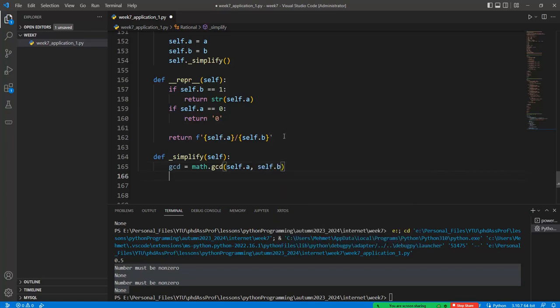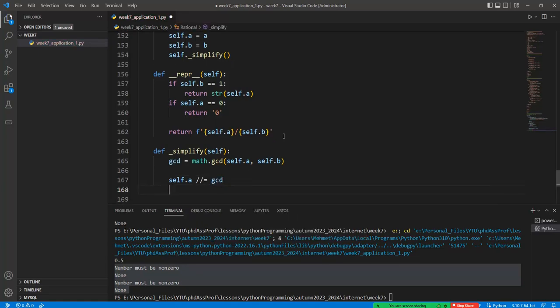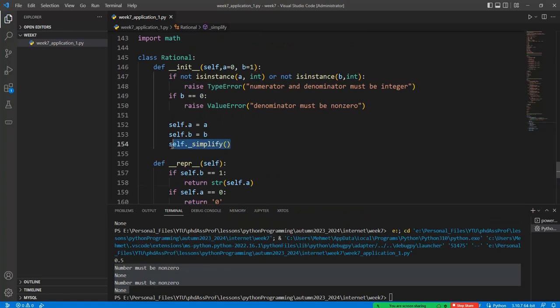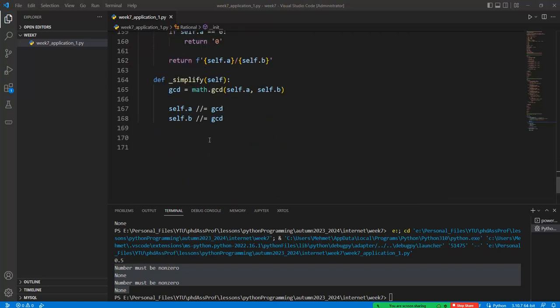With the two parameters here, self a must be divided by the gcd, and self b must be integer divided by the gcd, okay? This simplify is utilized here at the constructor of this rational function body, okay?